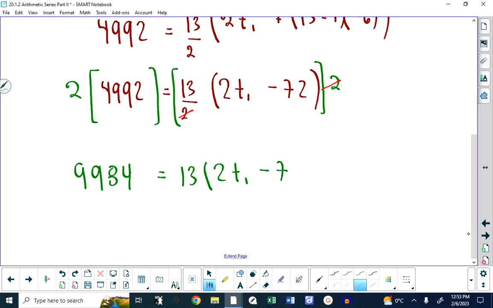And it's at this point that there's probably at least 2 or 3 of you wondering, and people never really ask until later: how come I didn't multiply the 2t minus 72 by 2? That's a great question. The answer is I don't. And the reason is when I multiply, I don't distribute.